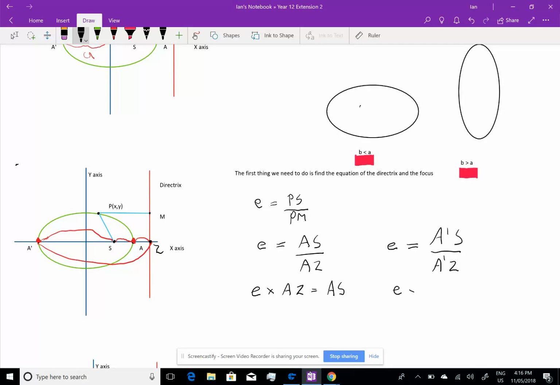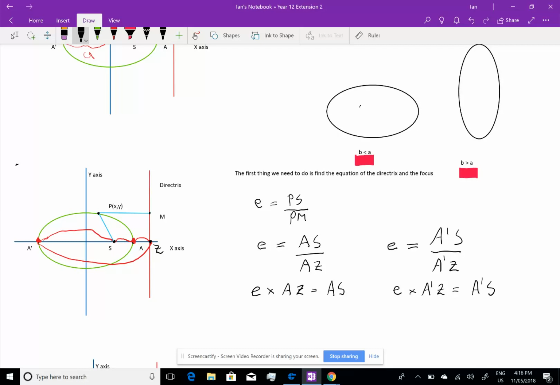So E times A dash Z equals, I'm going to put dashes in my Z's so I don't get confused with the 2, because the 2 is coming up, equals A dash S. Okay, so here we go.